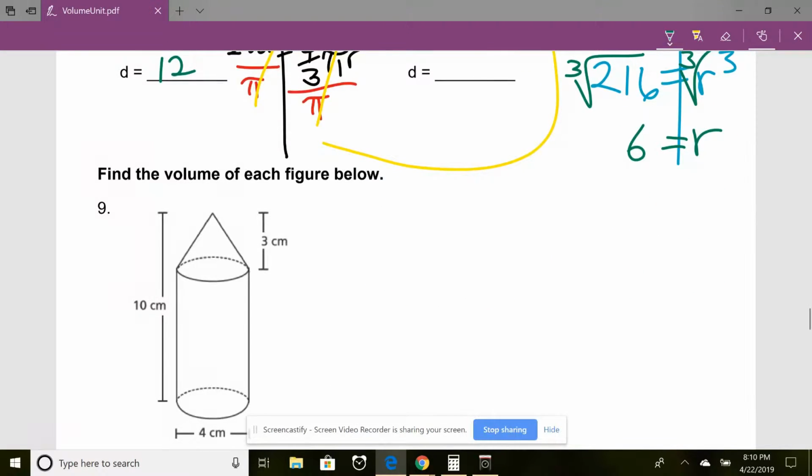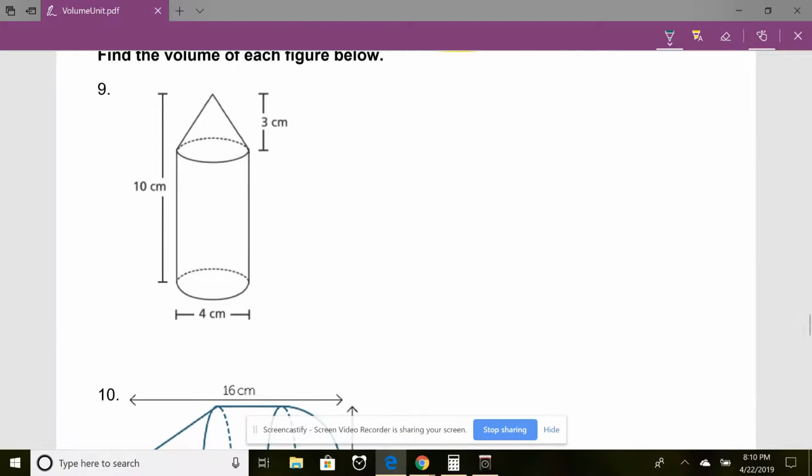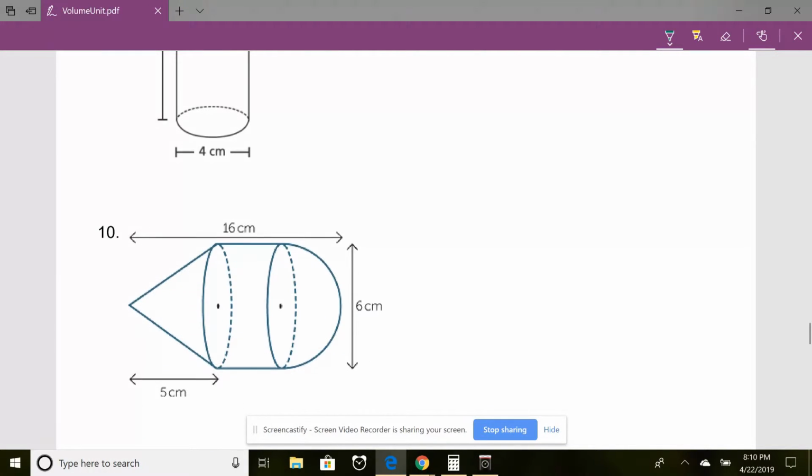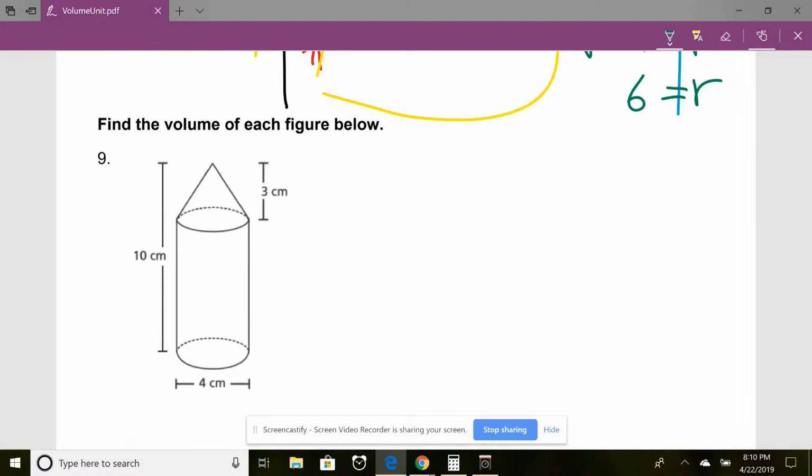Moving on, where we have multiple figures put together to figure out the volume, we have to figure out which figures they are first. Okay. So with this one, we have a cylinder right here.